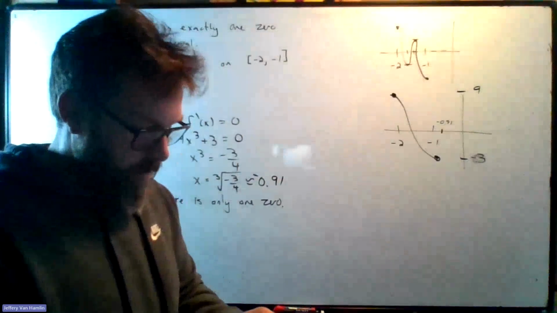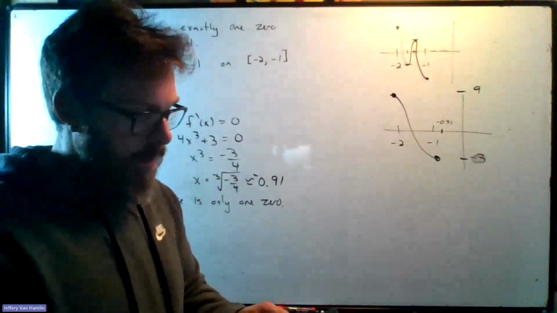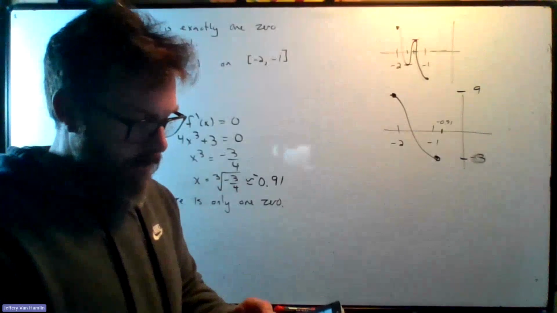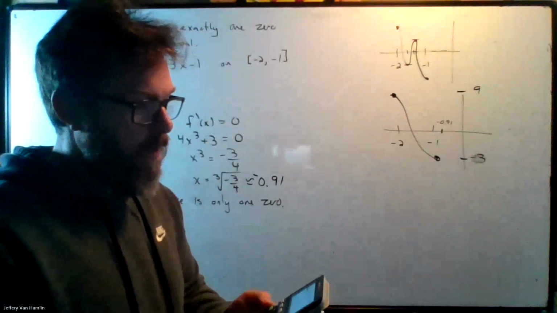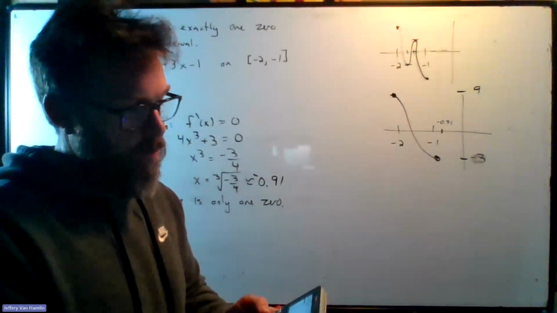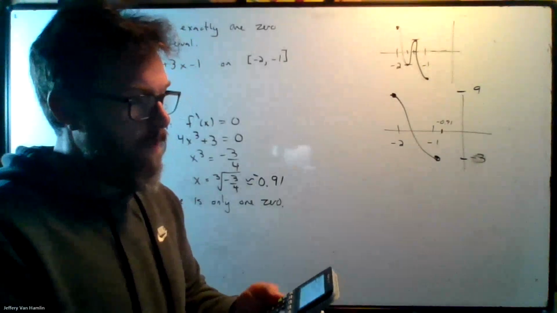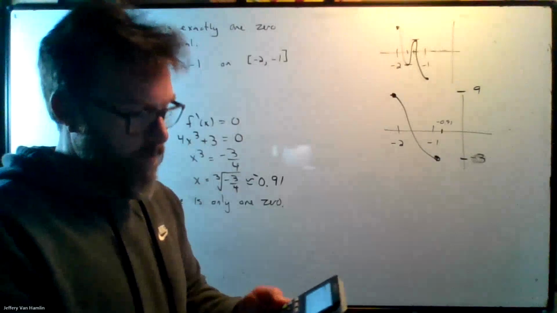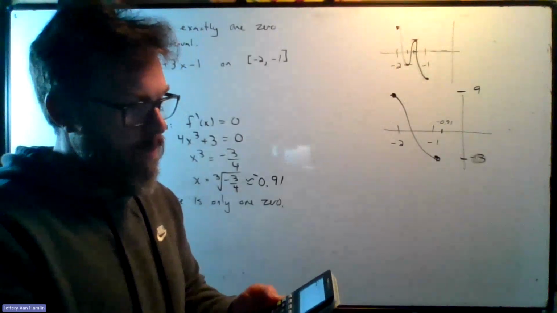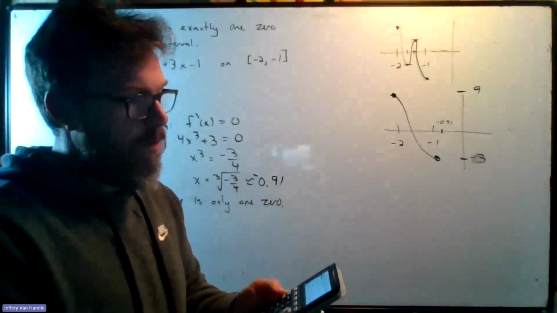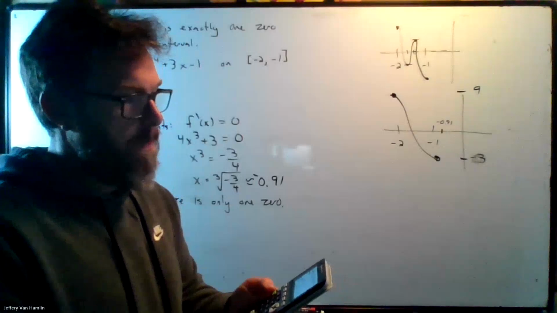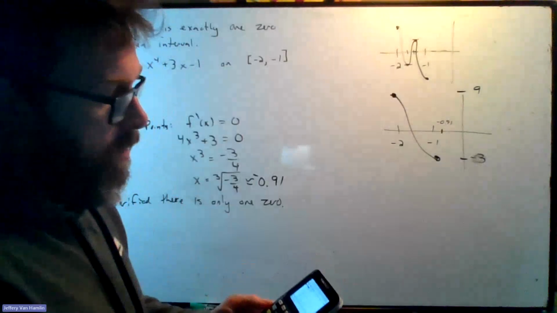Let's try -1.5 to -1.4. Well, that didn't work because they're both negative. So let's try -1.3 and -1.2. Still didn't work.